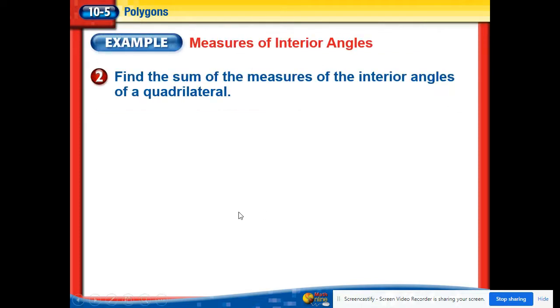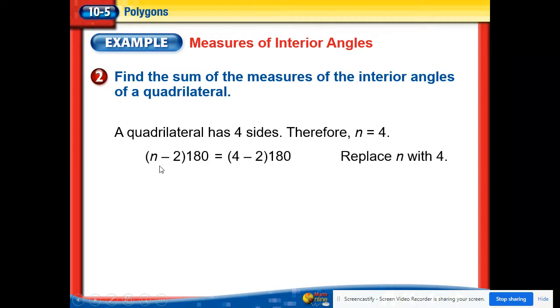Let's look at how to use this. A quadrilateral has 4 sides, so we say n equals 4. Now we plug into our formula, n minus 2 times 180, so 4 minus 2 times 180. We do the 4 minus 2 in parentheses first, so 2 times 180, or just 360.